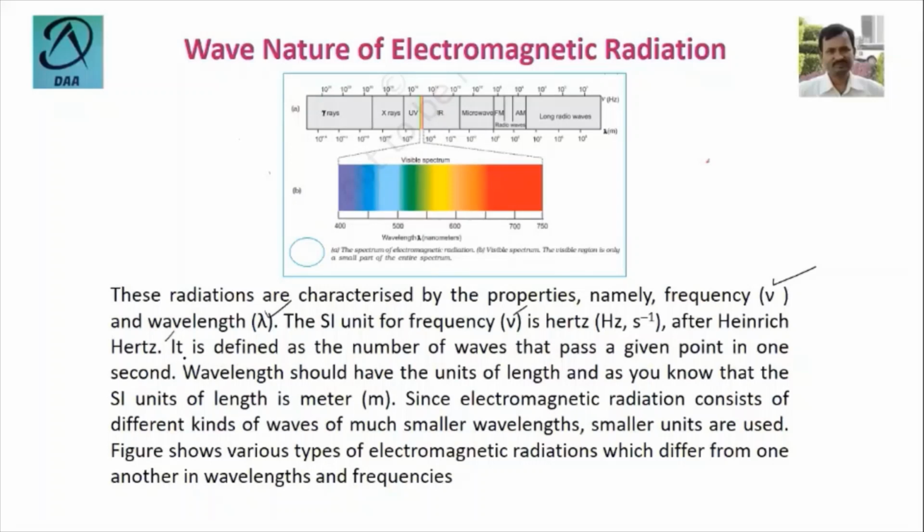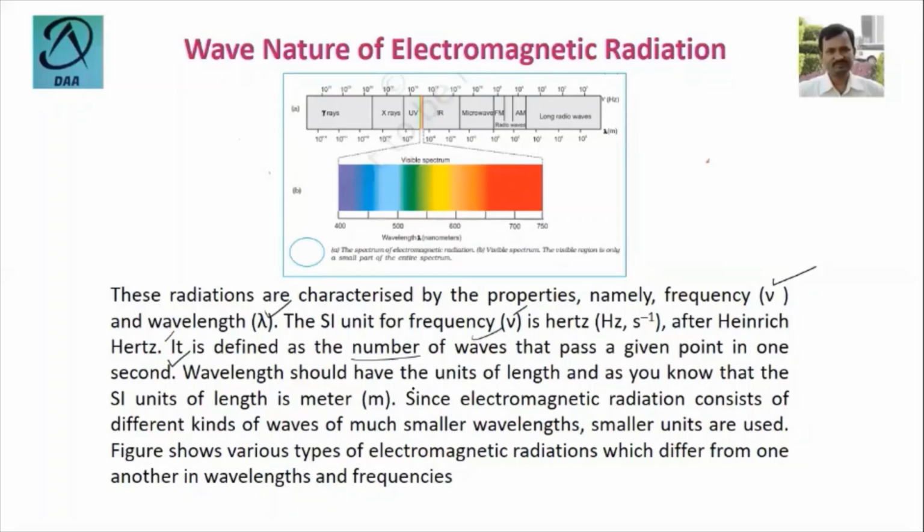What is the hertz? It is defined as the number of waves that pass a given point in one second. Per one second, how many waves pass a given point.